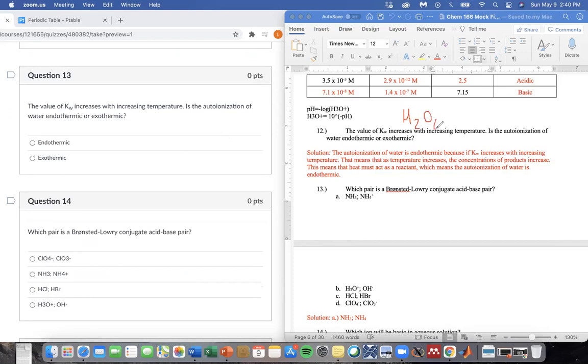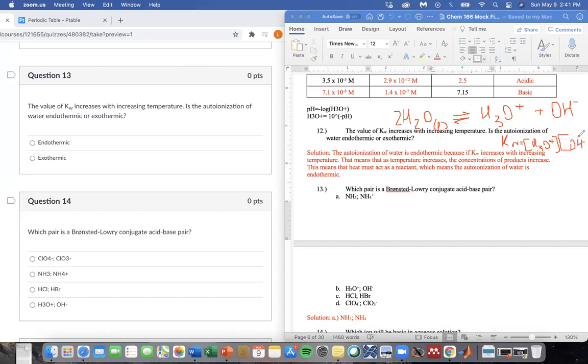If you have the autoionization of water, if you remember, it's 2H2O, liquid water, goes to H3O plus and OH minus, and both OH minus and H3O plus are aqueous. When you write your Kw, it's H3O plus times OH minus.